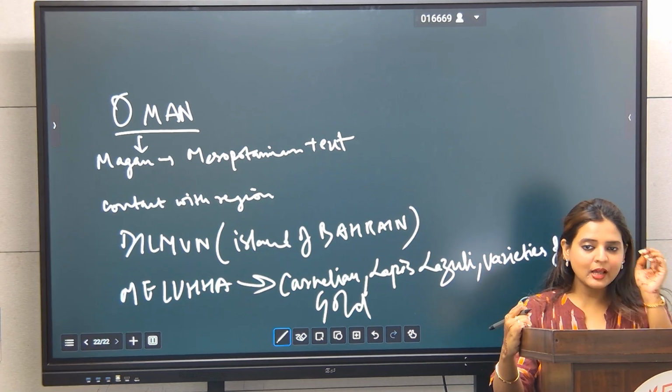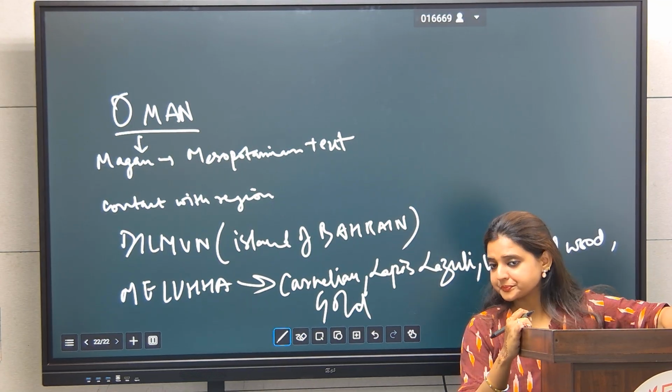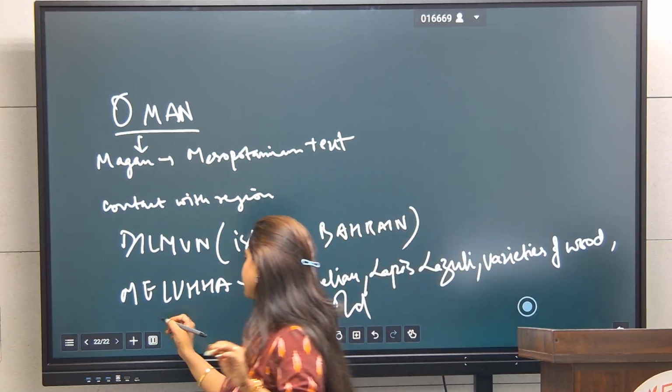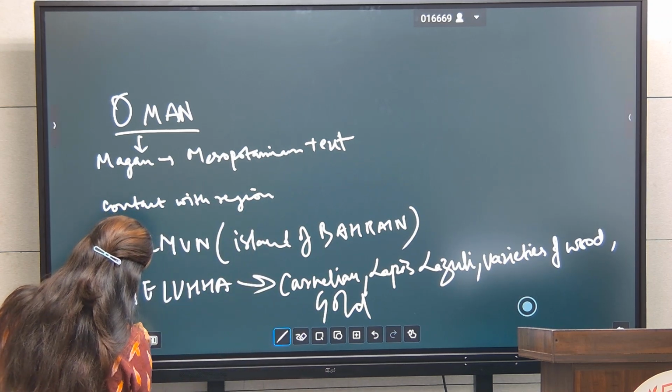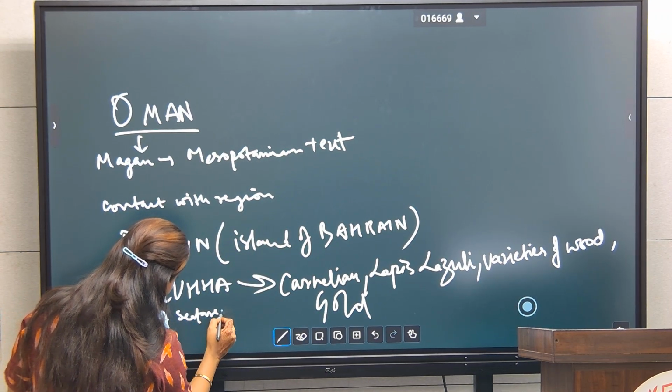Meluha was also known as the land of seafarers in Mesopotamian texts.